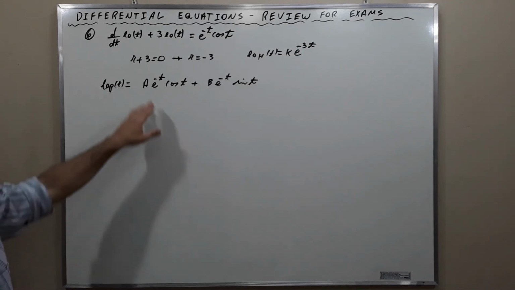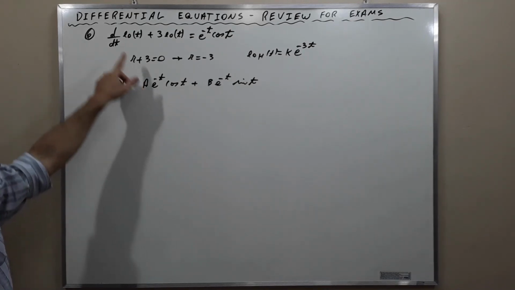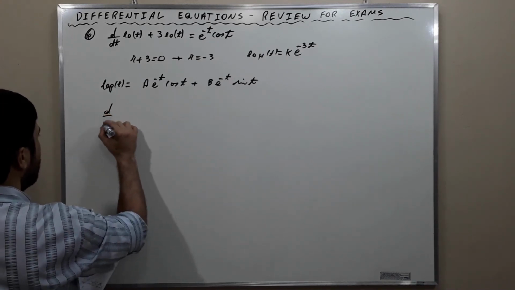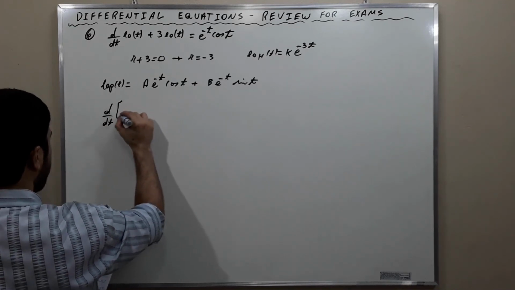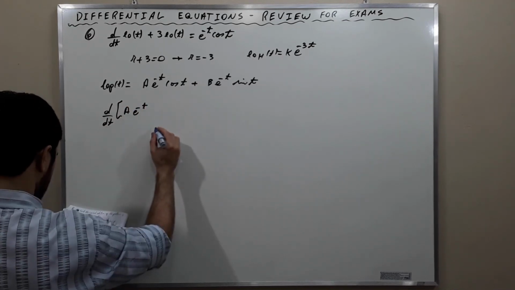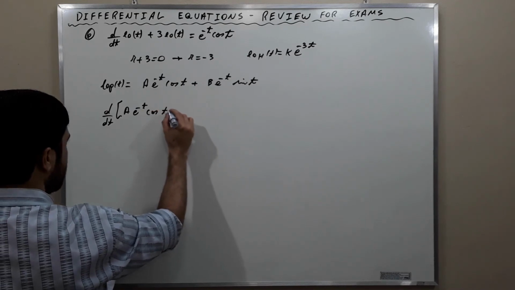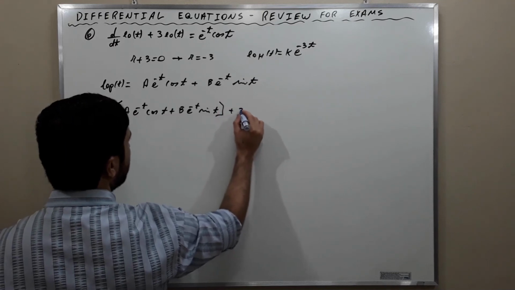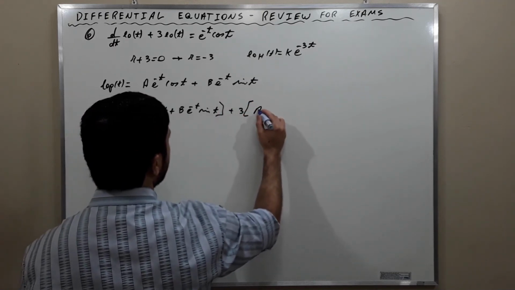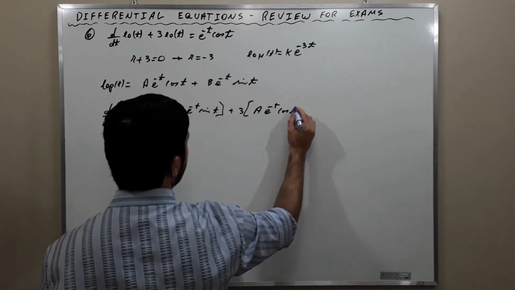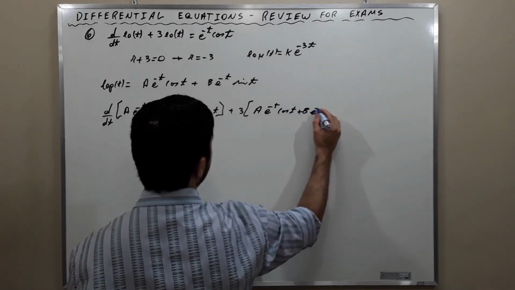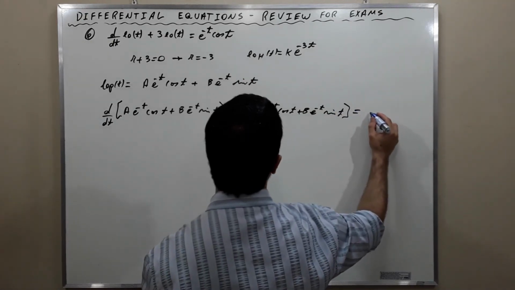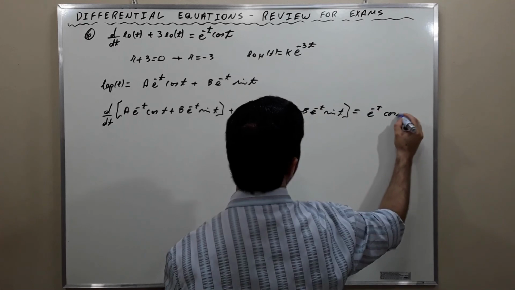Let's apply the technique. We need to apply the particular solution in the original equation, and we find that the derivative with respect to time of a e raised to minus t cosine t plus b sine t, plus 3 times a e to the negative t cosine t plus b sine t, equal to e to the negative t cosine t.